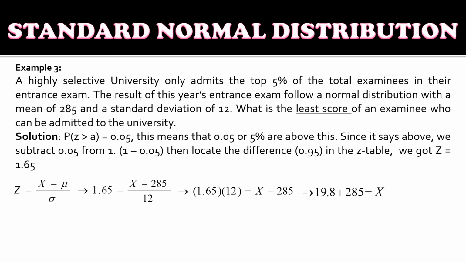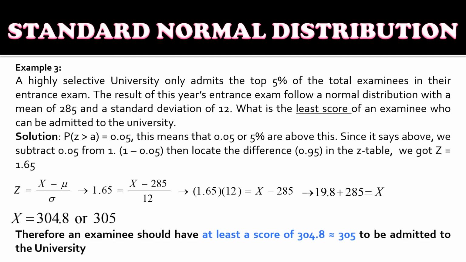Then we will have 19.8 plus 285 equals X. So X would be 304.8 or 305. Therefore, an examinee should have at least a score of 304.8 or 305 to be admitted to the university.